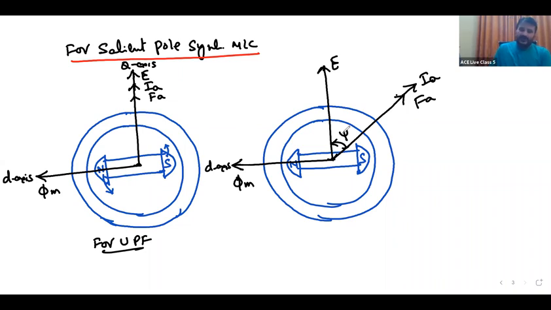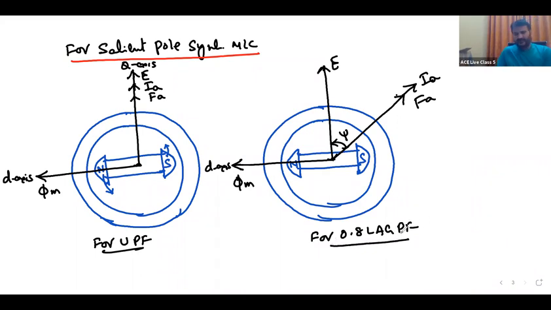Now you observe the main difference. Take FA as reference. For unity power factor, FA finds this much air gap length. But what is the air gap length for 0.8 lagging? The air gap length is less.